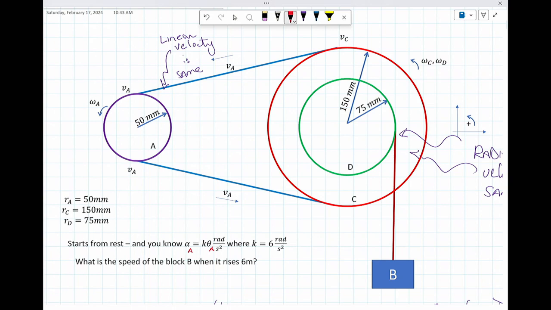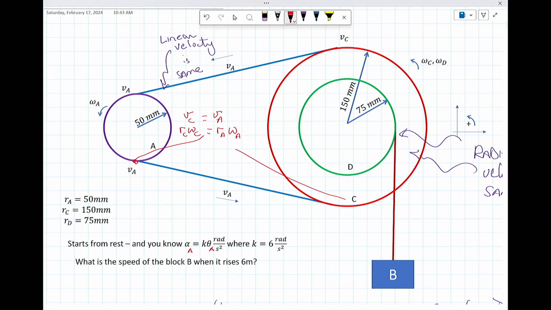So typically when I deal with belts, I'm going to assume that the velocity of point C is the same as the velocity of A. At this point and this point, I can say velocity of C equals velocity of A, and RC omega C equals RA omega A. What I can't say is that omega A equals omega C. However, when I look at D and C, omega D equals omega C. So this is a really nice problem in the sense that it shows you all of these things in one fell swoop.